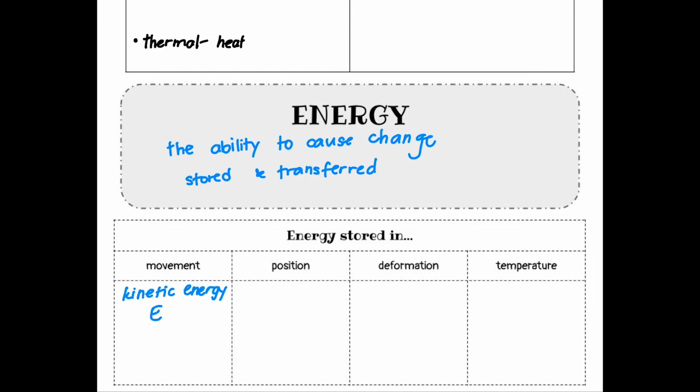And kinetic energy has EK as a symbol. All right, oh, and let's not forget our symbol for energy is going to be big E. All right, and so then our energy stored in position is going to be what we call gravitational energy.